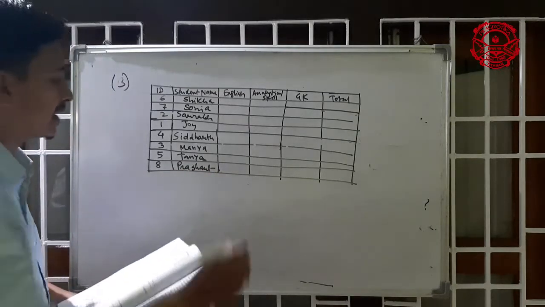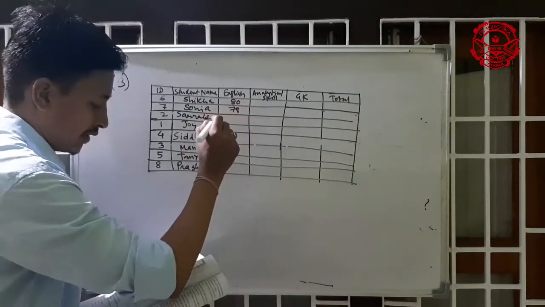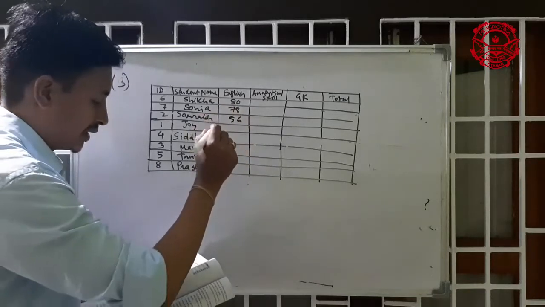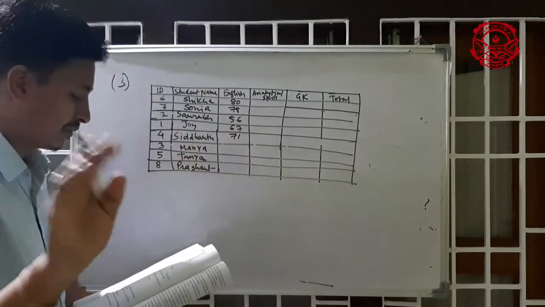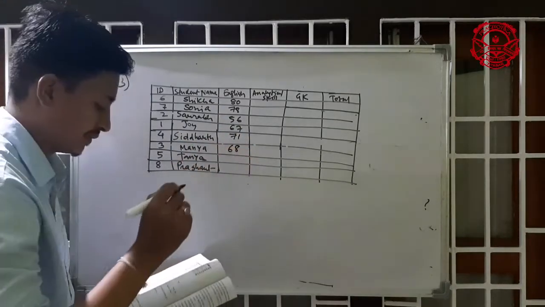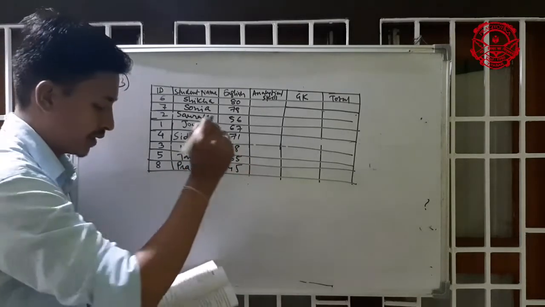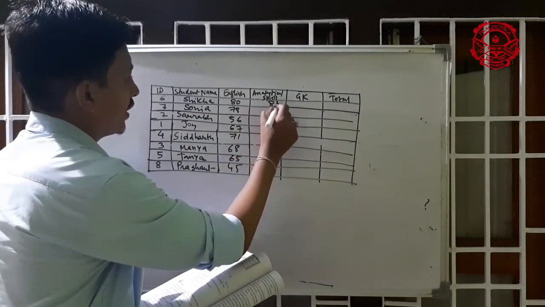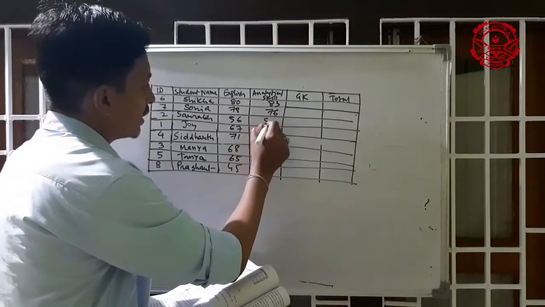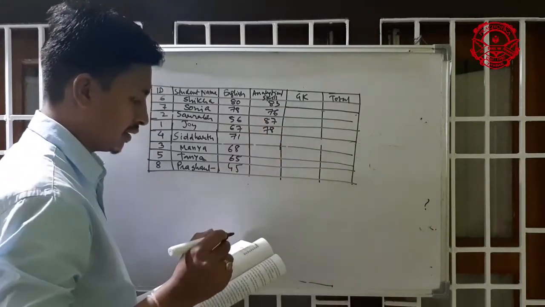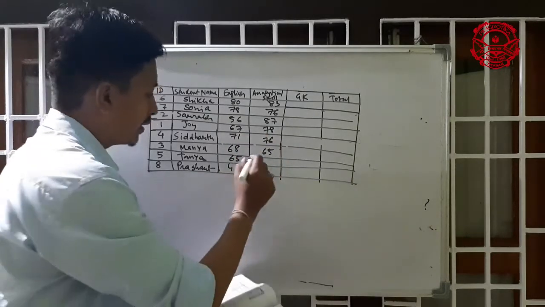English marks: 80, 78, 56, 67, 71, 68, 65, and the last one is 45. Analytical skill: 83, 76, 87, 87, 78, 73, 65, 76, 65, 81, 64.